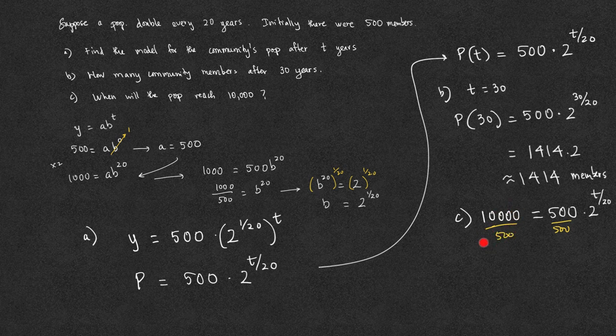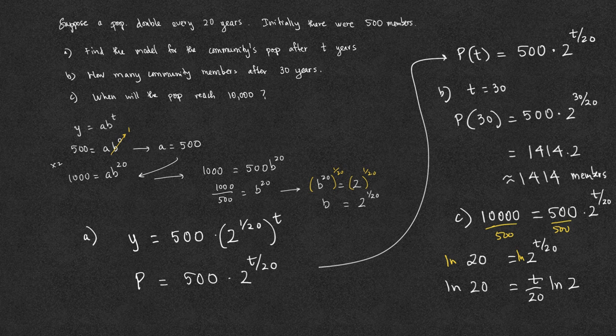10,000 divided by 500 is 20, so 20 equals 2 to the t over 20. At this point, we can use the definition of log, or we simply take the natural log of both sides of the equation for the purpose of bringing down t over 20 and putting it in front of the ln.